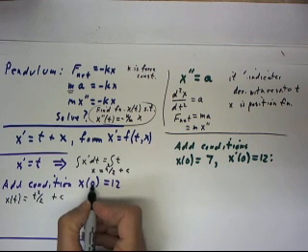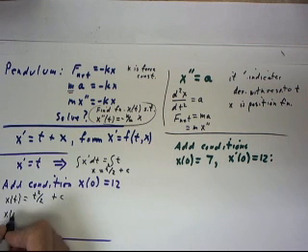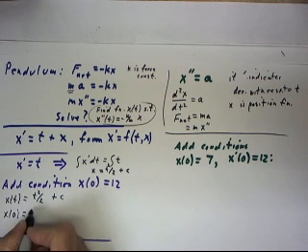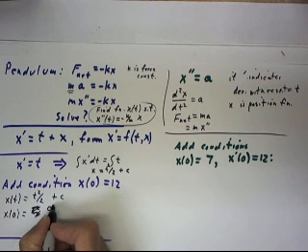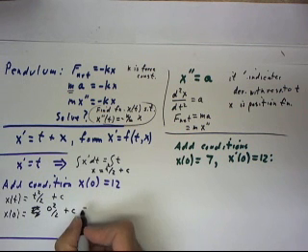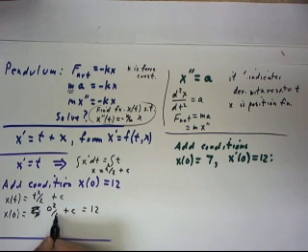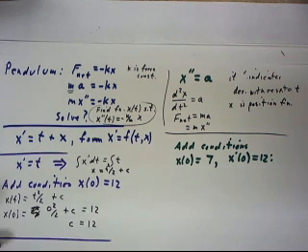So plugging in 0 for t, we get x of 0, and that's equal, of course, to t squared over 2, let's do this right, 0 squared over 2 plus c, and that should be equal to 12. Of course, 0 squared over 2 is 0, so this tells us that c equals 12.